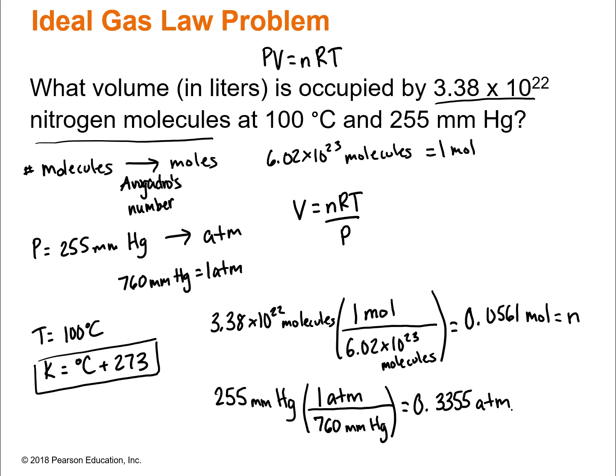Finally, with our temperature, we have 100 degrees Celsius. We need to add 273 to that for Kelvin. So that's 373 Kelvin. Now I'm going to box all of the information we have so far. We've got our temperature. We've got our moles, which is our N. We have our pressure.